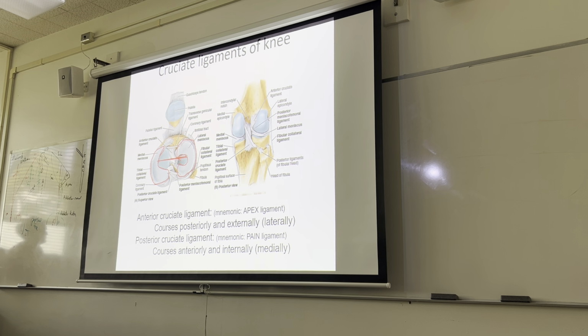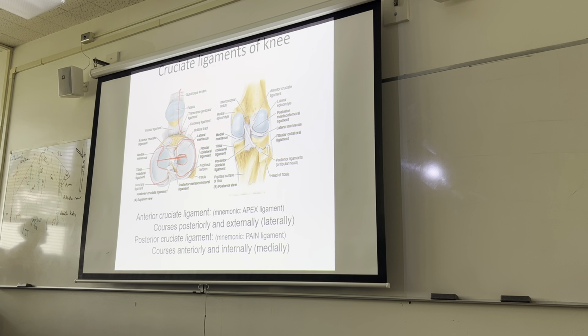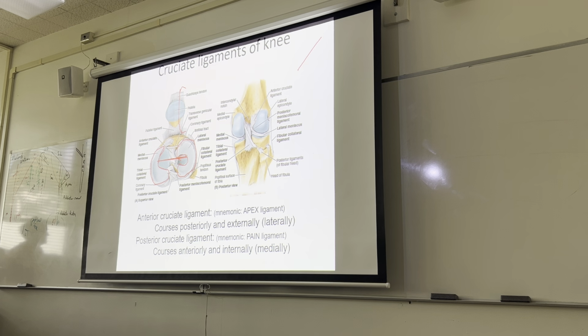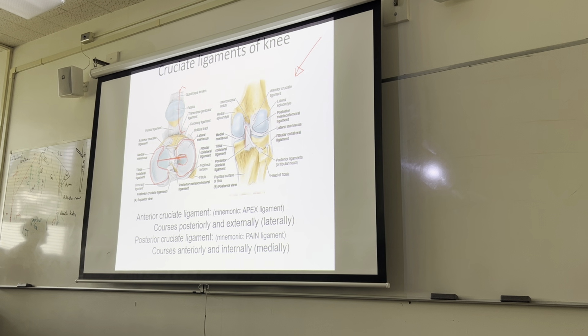This is a patella that's been reflected up, and this is a posterior view. In order to see this, you've got to remove gastroc and soleus, and so you can see the beginning of the posterior cruciate ligament, and you can see the end of the anterior cruciate ligament.